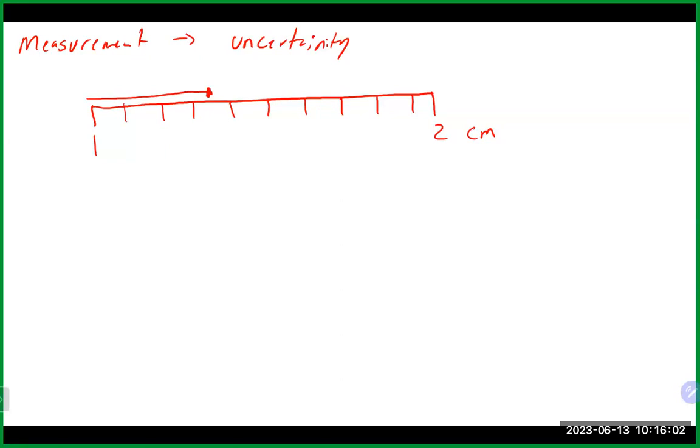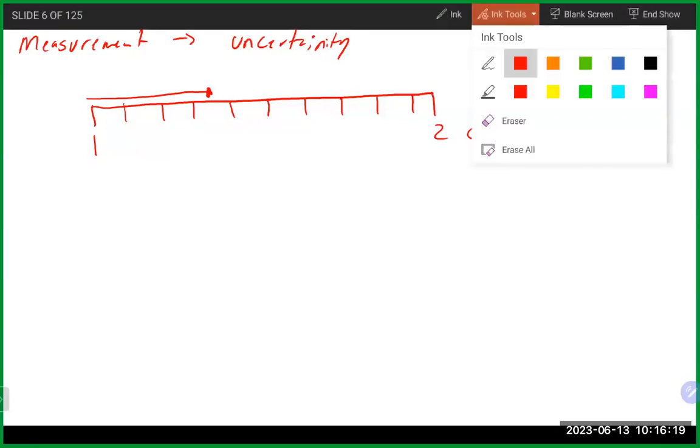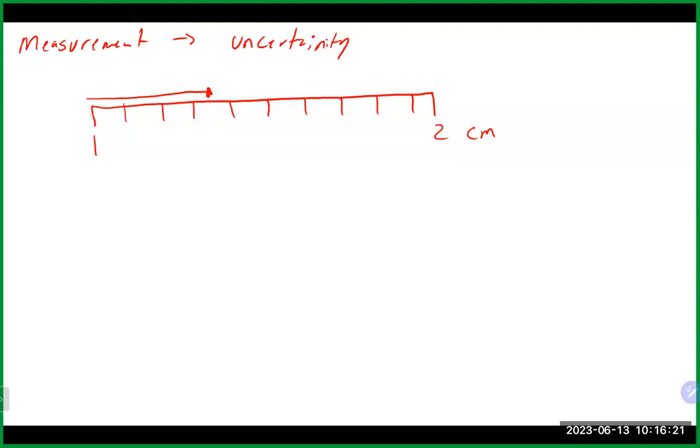The first thing that you really want to do is look at the scale of the equipment that you're using. There usually will always be, in most cases, two types of markings, sometimes referred to as smaller markings and larger markings. In this case here, our larger marking is 1 and here is 2. So our large markings here is 1 centimeter, basically the difference between those.